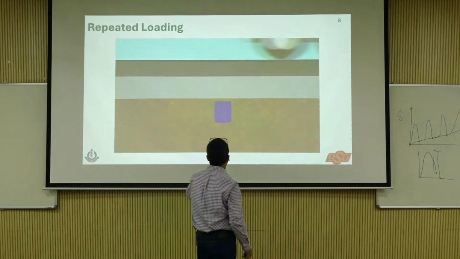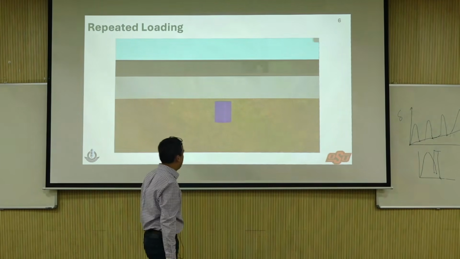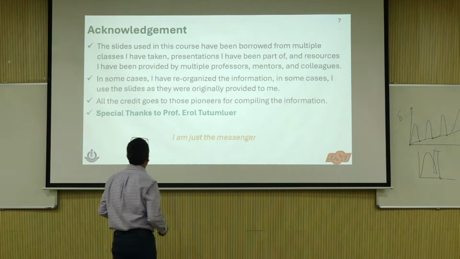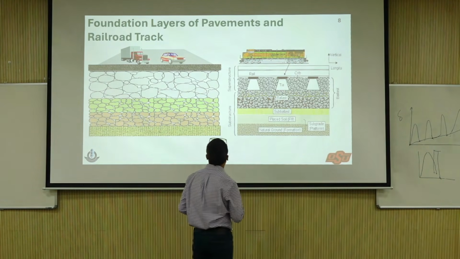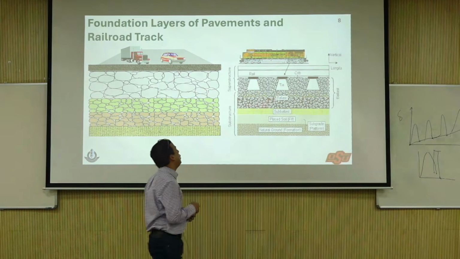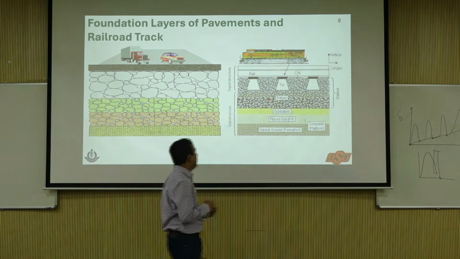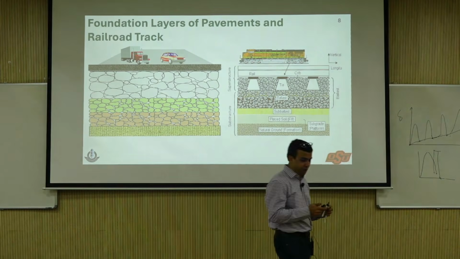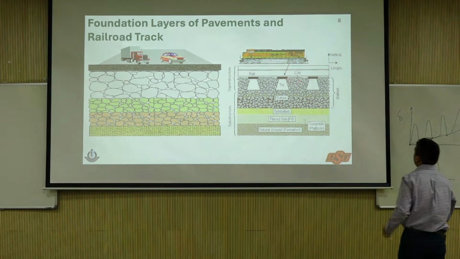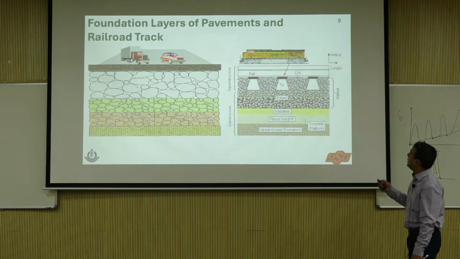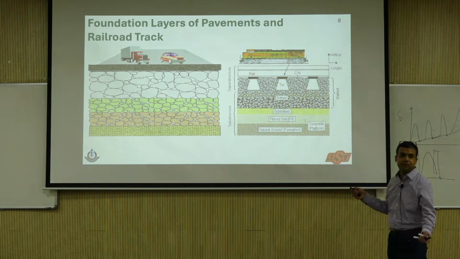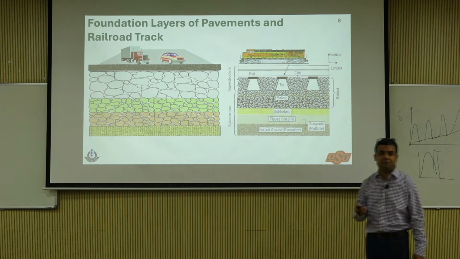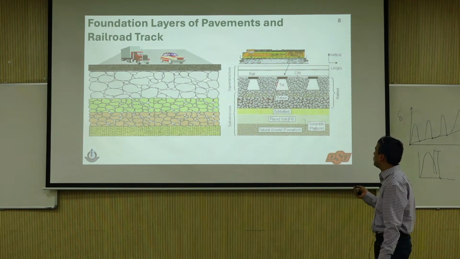So this is basically stress versus strain under repeated loading. Again, this is the acknowledgement side. I took a lot from Professor Tumler and others, and the whole idea is that it holds for both pavements as well as railroads. This is probably the first time I'm showing this to you all. For those of you who are not familiar with the cross section of a railroad track, you have the rail, you have the tie, sometimes called sleepers in Europe, and in India you call it sleepers.